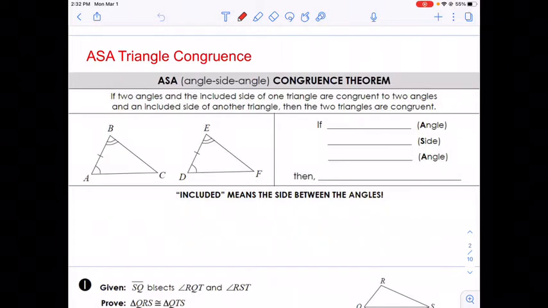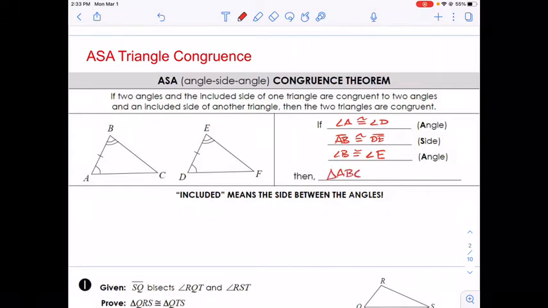So in this case, for reading this triangle here, if angle A is congruent to angle D, and side AB is congruent to side DE, and then we also have another angle surrounding it, that's the same thing as saying angle B is congruent to angle E. So if all this happens, then we can say that triangle ABC is congruent to triangle DEF based on side angle or angle side angle.